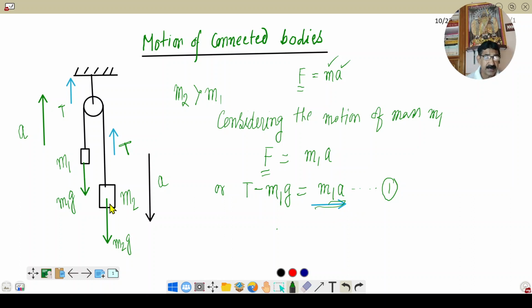Similarly, if we consider mass M2, then M2G acts downwards vertically.